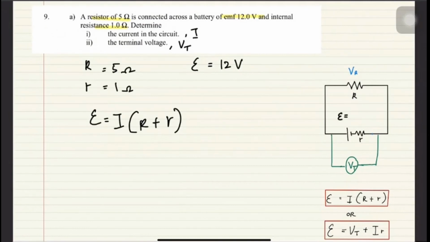Your small r is equal to 1 ohm, and the capital R is equal to 5 ohm. So in the exam you can draw first, and then label accordingly.